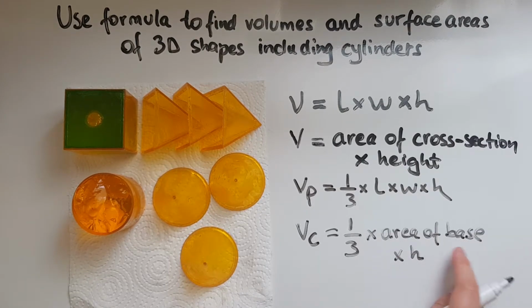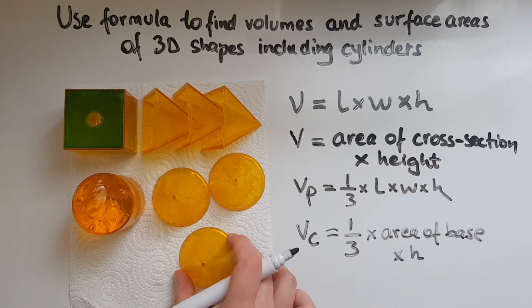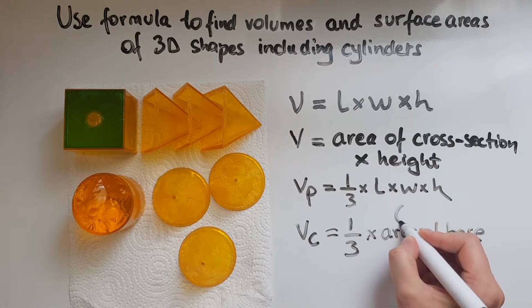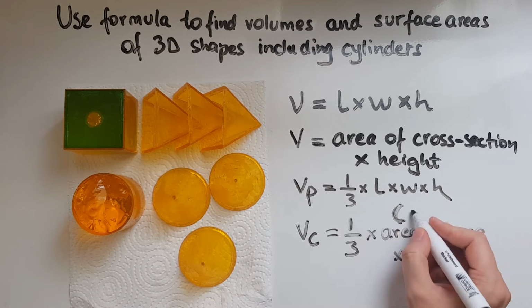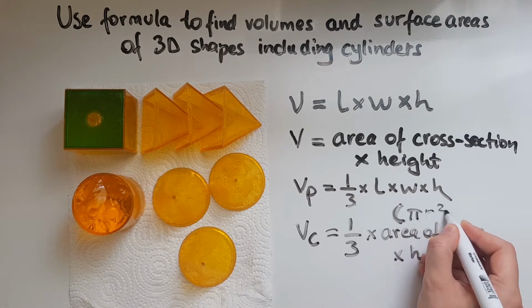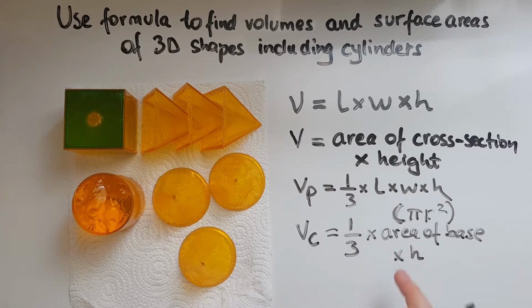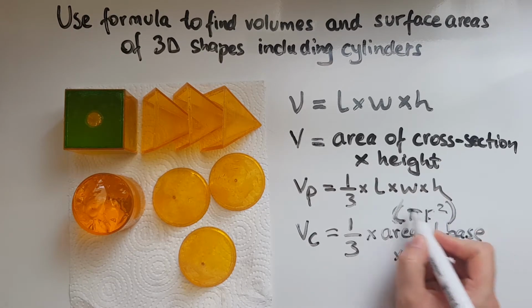Now, area of base, what is the base when it comes to a cone? That is the circle. We work out the area by multiplying pi r squared. So we can have that instead of area of the base.